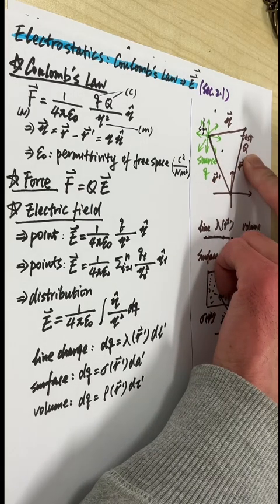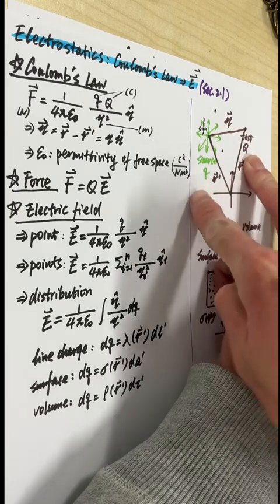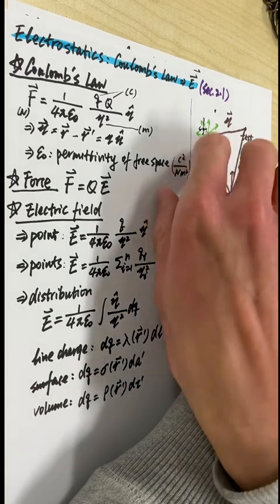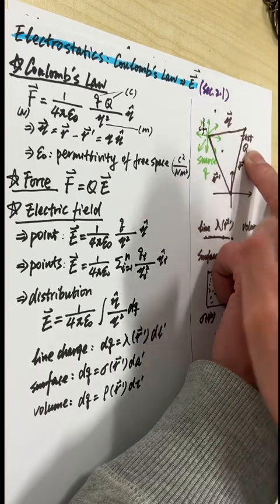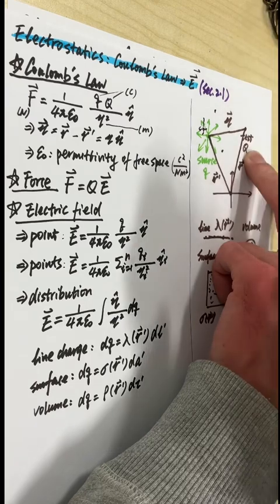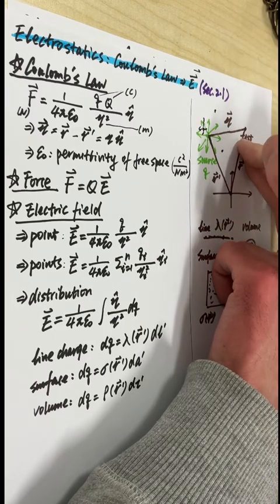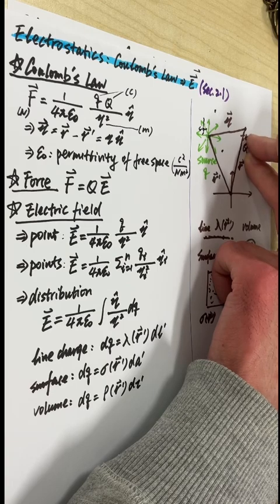So the test charge would feel a force. However, the source charge didn't reach out to the test charge to push and pull. It doesn't have an arm to reach out and push or pull the test charge. Yet the test charge felt the force.